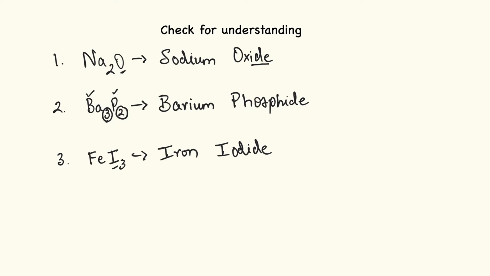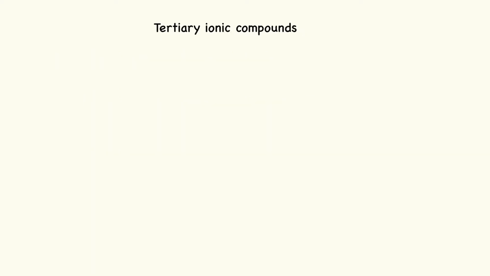Next up, let's learn how to write the names for ionic compounds that are tertiary in nature. As I had mentioned in the previous part of this video, a tertiary ionic compound is going to be a combination of some kind of a metal that is bonded with a polyatomic ion.